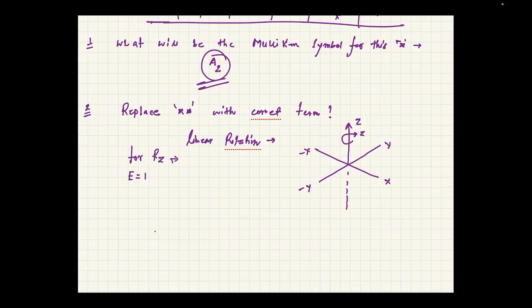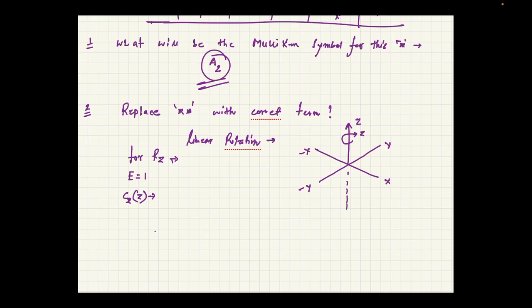Then C2Z. C2Z means proper axis of rotation along the Z axis. Now this coincides with the Rz axis. Rz also means rotation along the Z axis, and C2Z also means the proper axis of rotation along the Z axis.